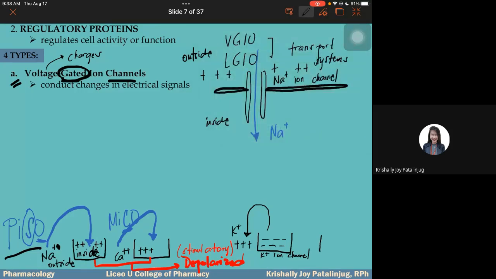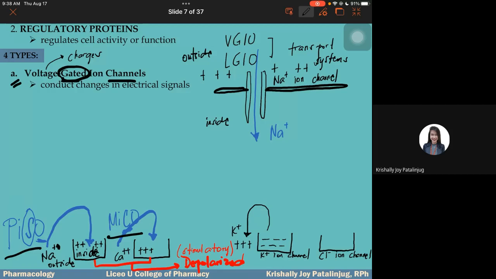Another example, in the case of the chloride ion channel. Okay? I will not write the mnemonics, but I believe I have mentioned a mnemonic about the chloride ion. Where can we find chloride ion?